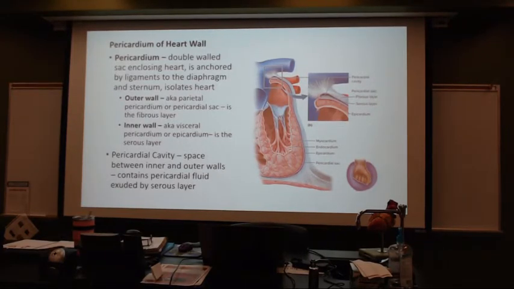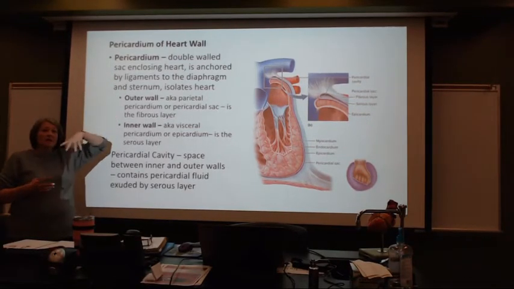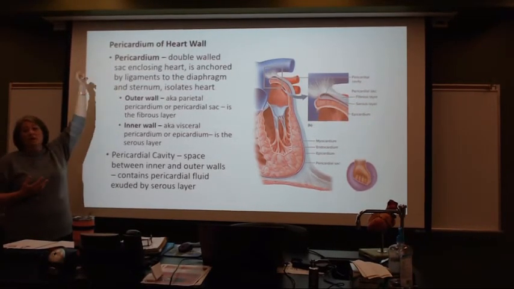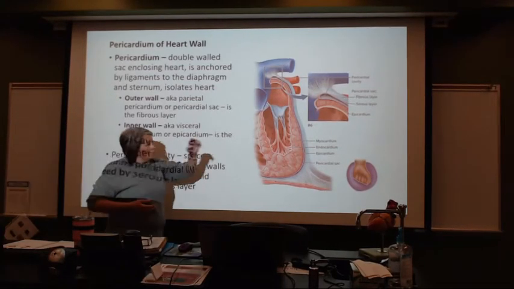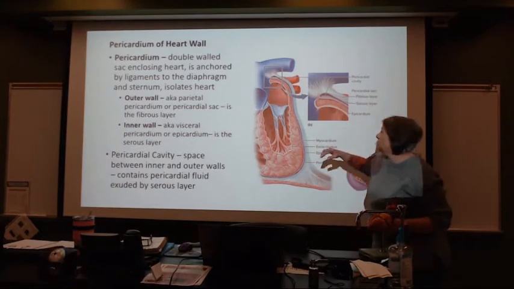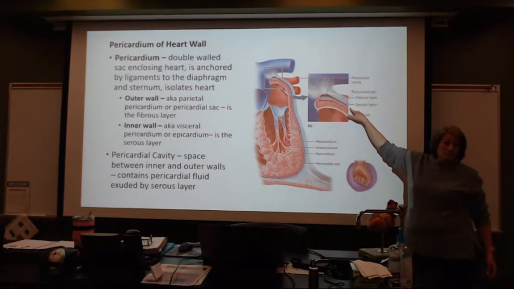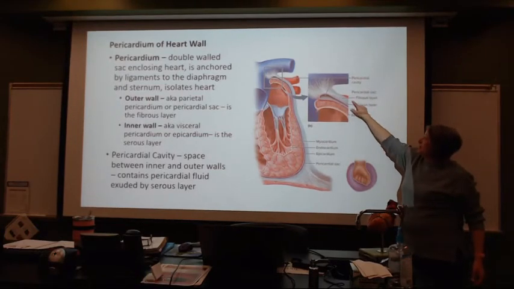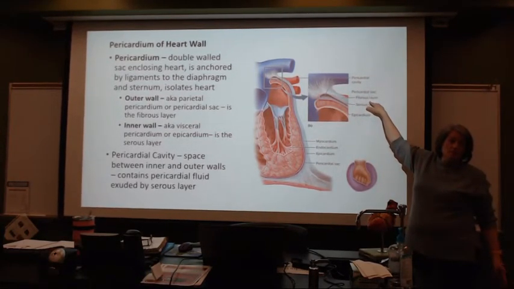What that's telling us, this sac that is surrounding the heart, this pericardium around the heart, once again, we're going to find that it's a double layer. This outer layer is very fibrous.